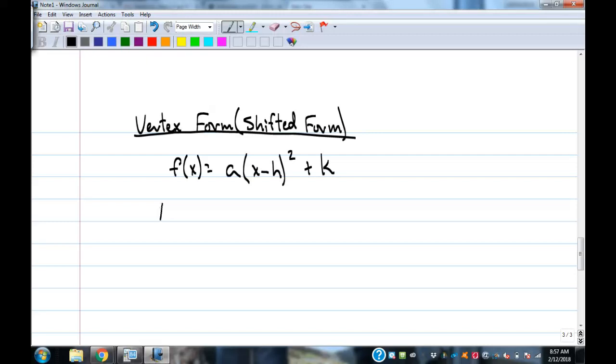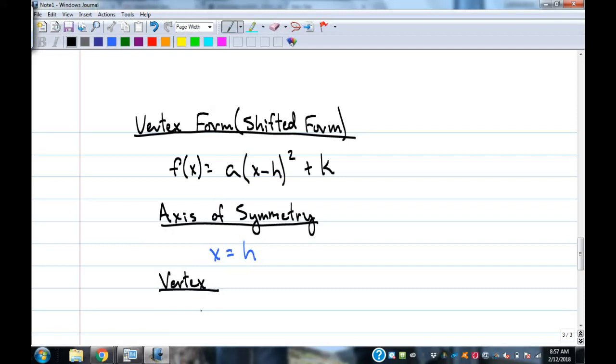So when you go to find your axis of symmetry, it's actually easier if it's in vertex form. The axis of symmetry will be at x equals h. And your vertex will be at the ordered pair (h, k).